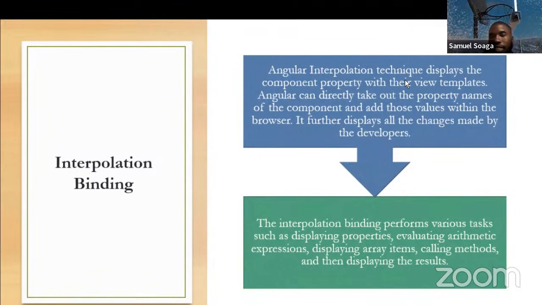Angular can directly take the property names of the component and add those values within the browser. It further displays all the changes made by the developers. Interpolation binding performs various tasks such as displaying properties, evaluating arithmetic expressions, displaying array items, calling methods, and then displaying the results. Please go on to the next slide.